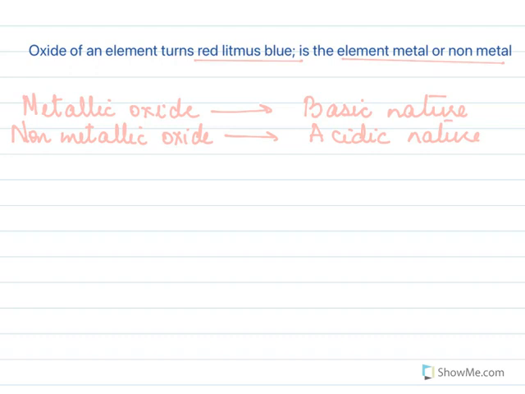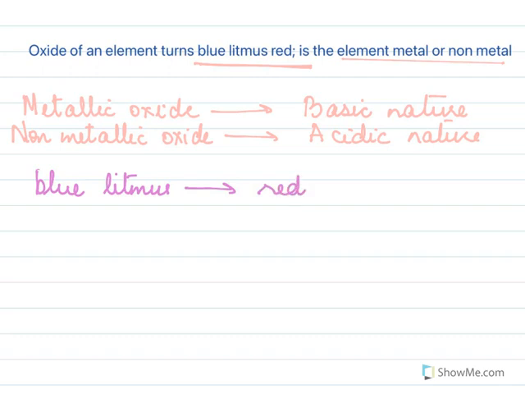In this question, it turns red litmus blue. We change it to blue litmus red because in the earlier one we have done red litmus blue. So here we will do blue litmus red. And if it changes blue litmus red, it must be acidic in nature.